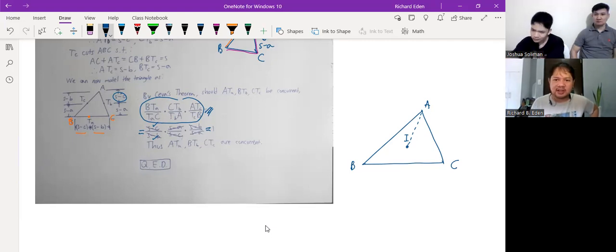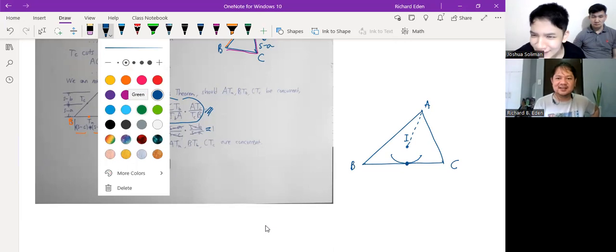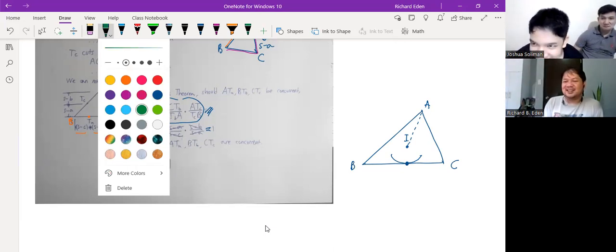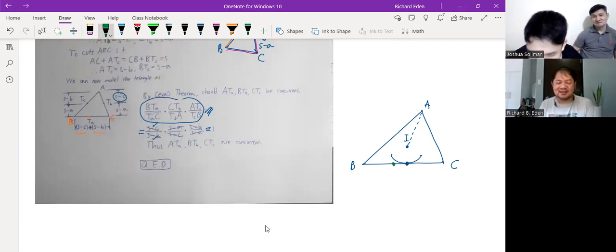I don't want to draw the excenters. What I'm interested in are the touch points. So this is the touch point of the incircle. Okay, so I won't draw it completely. So that is the incenter. Yes, it's not drawn to scale. And then let's say this is the excircle touch point. Let's use orange.